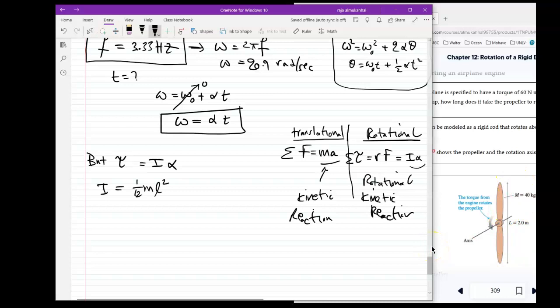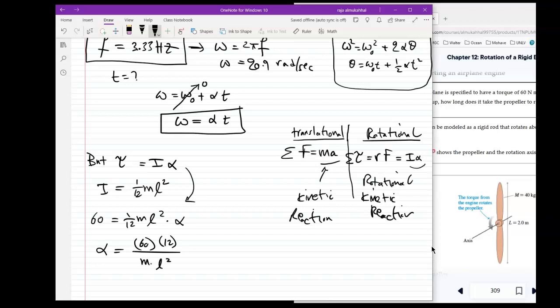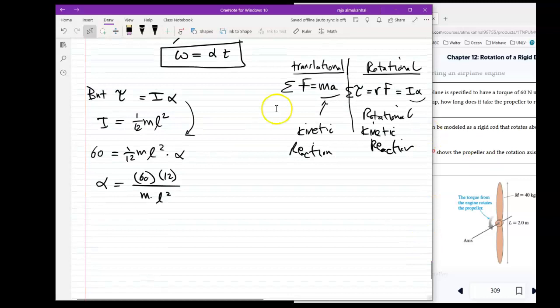And now plug it back in here. So that's going to give me 60 equals 1/12 ml squared times alpha. As you can see, I have everything, and I can easily find alpha now. So alpha is equal to 60 times 12 divided by m times L squared. Then I'll plug in my numbers. Remember, guys, keep this in mind.